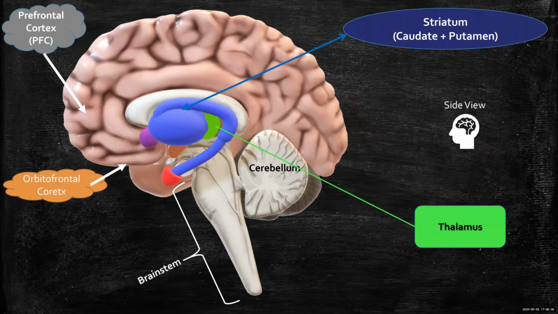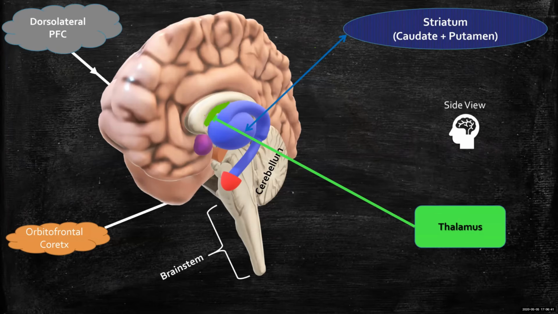Here's the diagram that we showed in the beginning. You have the prefrontal cortex in the front, the orbitofrontal cortex on the bottom, the brainstem, the thalamus, and this neostriatum. If we were to turn the brain a little bit, you would see on this side what we call the dorsolateral prefrontal cortex.